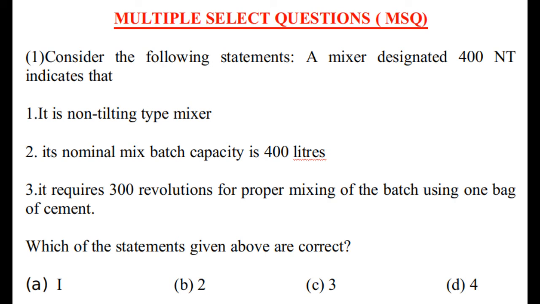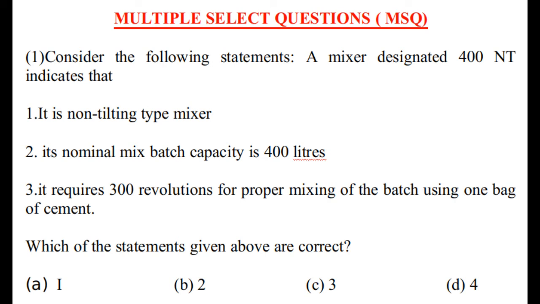Option A 1, option B 2, option C 3, option D 4. In multiple select questions, please remember that you have to mark all correct options, else you will get 0. So here the correct statements are statement 1 and statement 2. So you have to mark option A and option B.